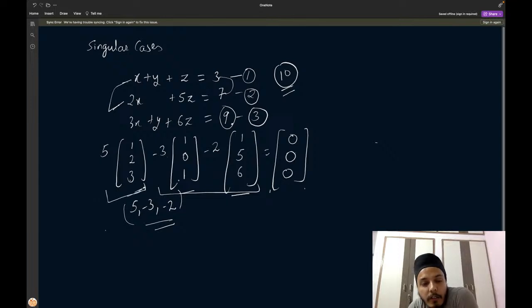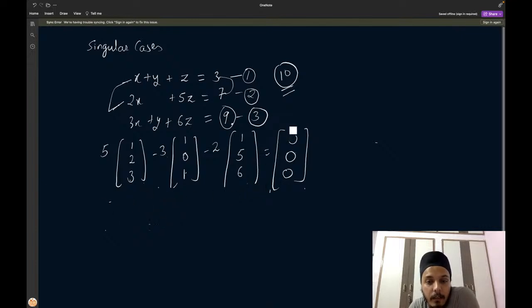So we can say that column 1 and column 2 are independent, and some combination of these two columns will give us column 3. Now if we go to our previous case, that is 3, 7 and 9 for our b vector.